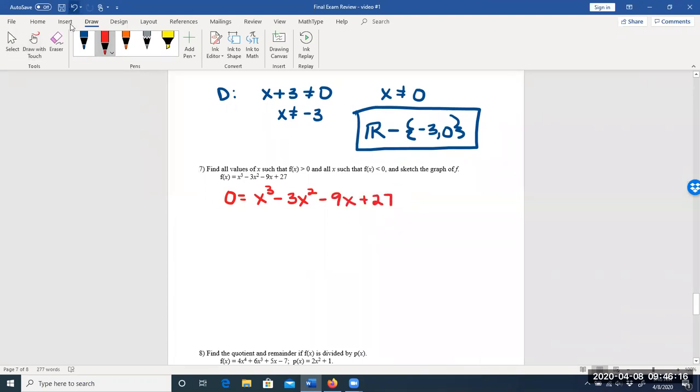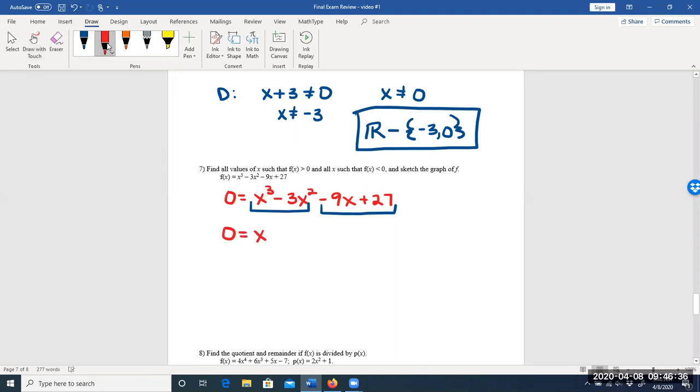And I am going to factor by grouping. It does work for this one. Later, we're going to have to solve an equation where I cannot factor by grouping. But for this one, I can.